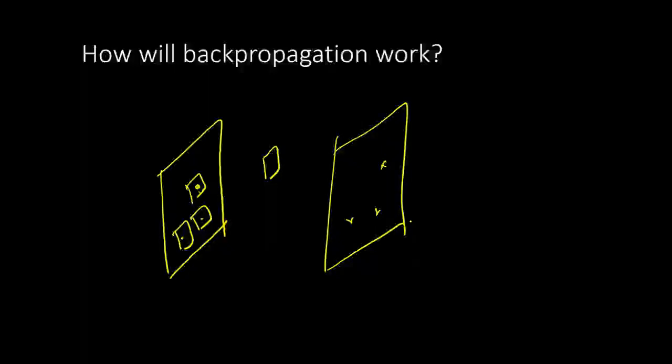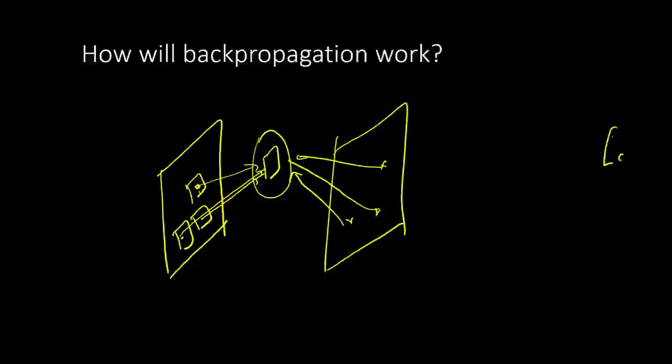Because of that, all 3 outputs are contributing, and consequently all these 3 inputs are contributing to the gradient of these weights with respect to whatever is the loss here, after stacking many layers.